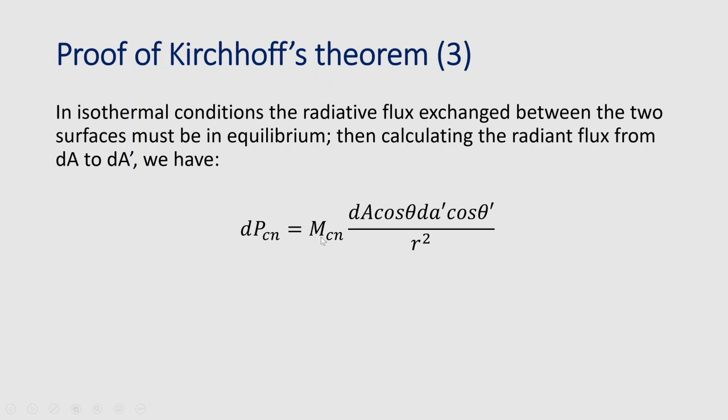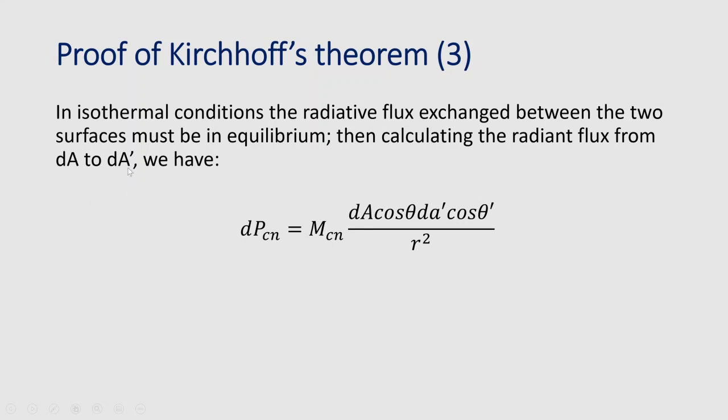So that will be the excitance of a black body multiplied by dA cosine theta times dA1 cosine theta 1, that is the apparent emission surface and the apparent receiving surface, divided by the square of the distance, the inverse we mentioned before. All right, so this is the quantity of energy that is emitted from dA to dA1.